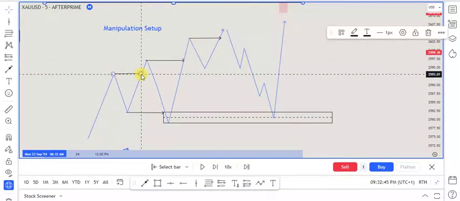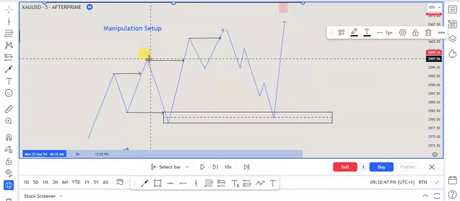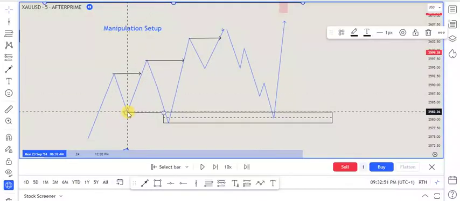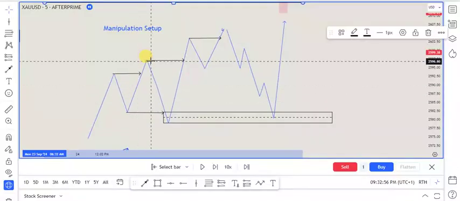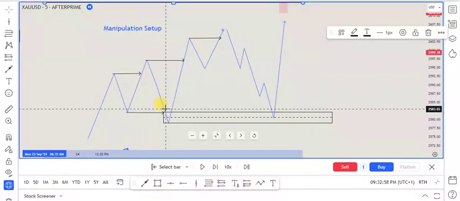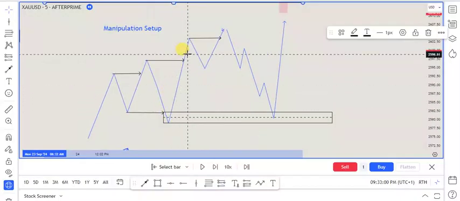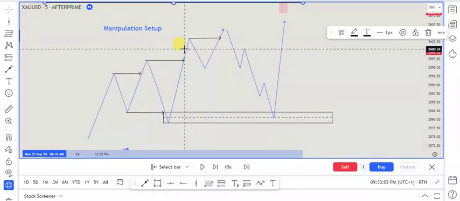Now these are first breaks of structure. What happened? Normally when the market is bullish, it is not supposed to take out the lower low. But the market came, took it out, right? And still continued its bullish move.